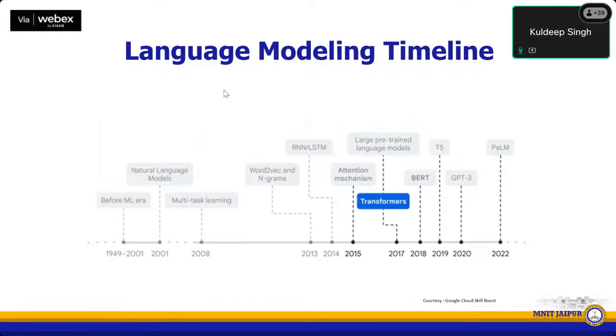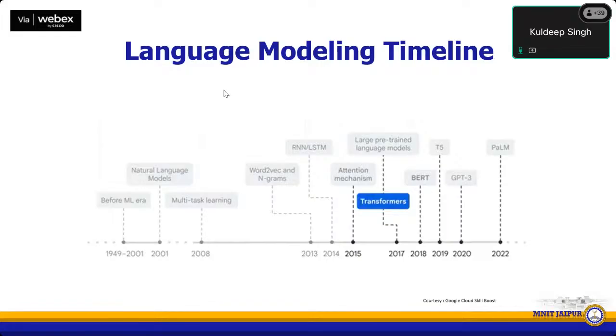There were a lot of models before the transformer which were able to represent words as vectors, but these vectors didn't contain the context, and the usage of a word changes based on the context. That was the problem with the earlier sequence models, like RNNs and LSTMs.